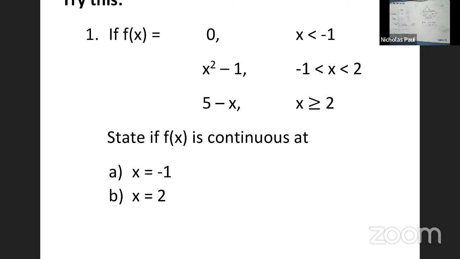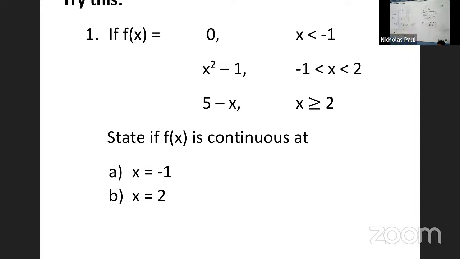Right, let me check all these sketches. Very good. Some of you have it, but you forget to rub off some parts, right?